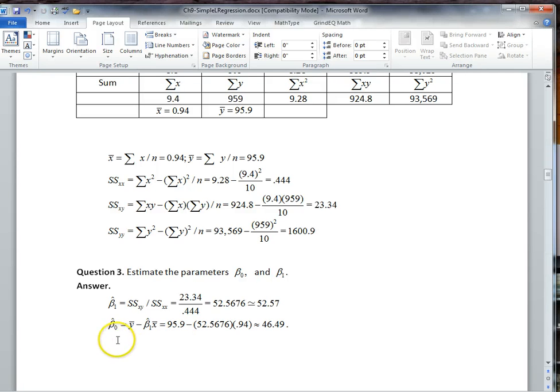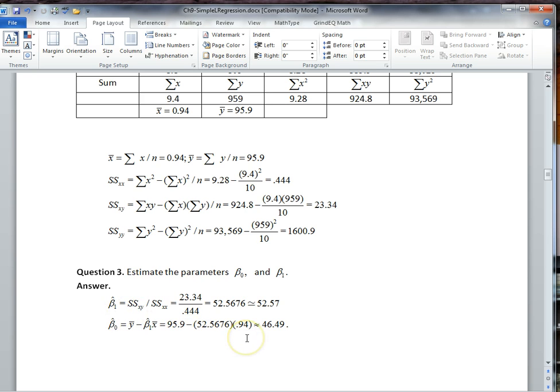So beta 0 hat is y bar minus beta 1 hat x bar, the formula we had, we substitute here. So y bar is 95.9, beta 1 hat is 52.5676, and note that I use the one with more decimal points because I'm doing intermediate calculations. I can only round at the end, which is fine.